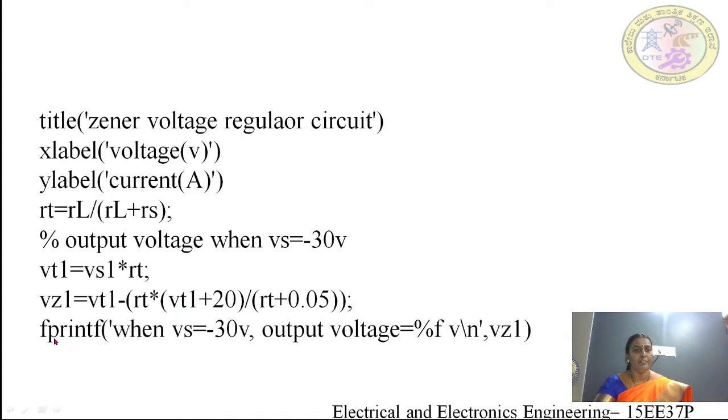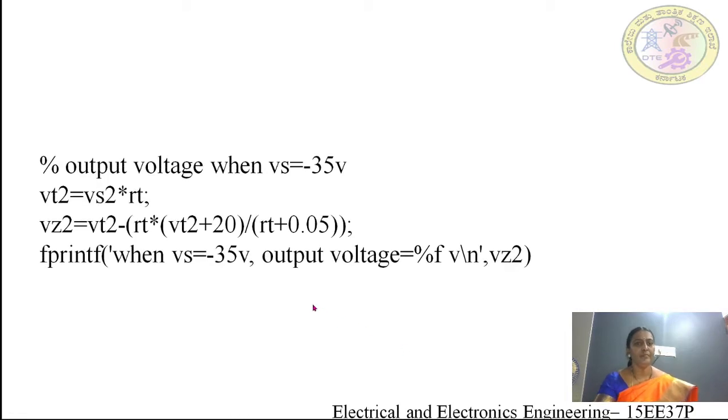Then after that we will print with printf, where when Vs is equal to minus 30 volts, output voltage is equal to Vz1, that occupies the position of percentage F. Next, output voltage when Vs is equal to minus 35 volts: Vt2 is equal to Vs2 into Rt, and Vz2 is equal to Vt2 minus Rt into Vt2 plus 20 divided by Rt plus 0.05.